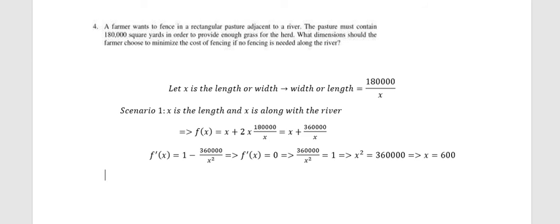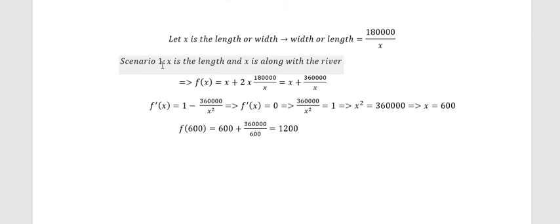So we put F of 600 in this function, and the answer is about 1,200.